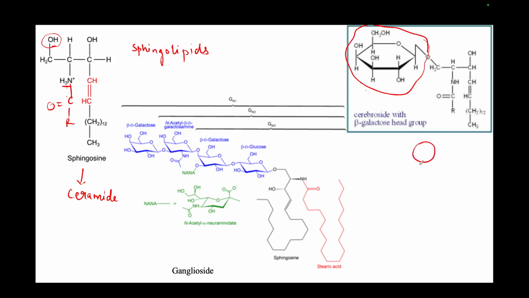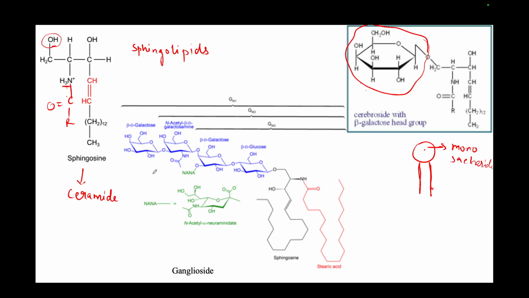So there is the polar head and then two non-polar chains. This is the basic structure of sphingolipids. Cerebroside is one in which the polar head group is a sugar, that is, a monosaccharide. Glucose or galactose are monosaccharides.